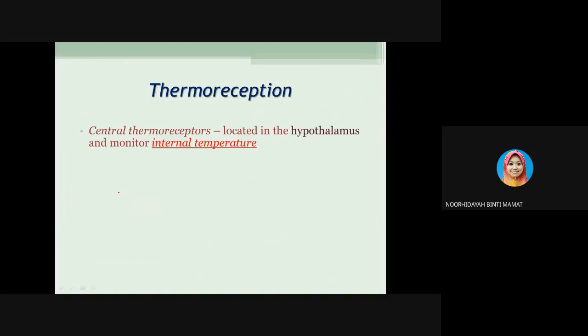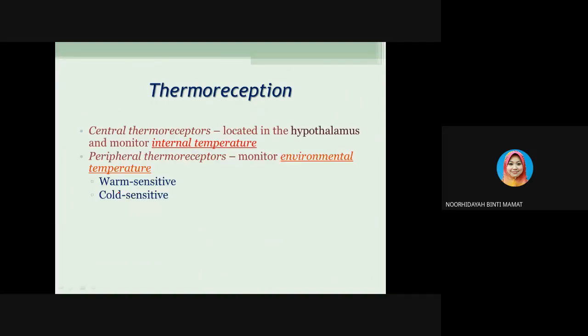For example, we have the central thermoreceptors, located in the hypothalamus, which function to monitor the internal temperature. We also have the peripheral thermoreceptors, which function to monitor the environmental temperature, warm or cold.